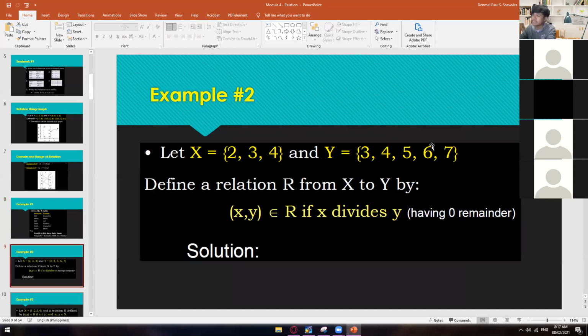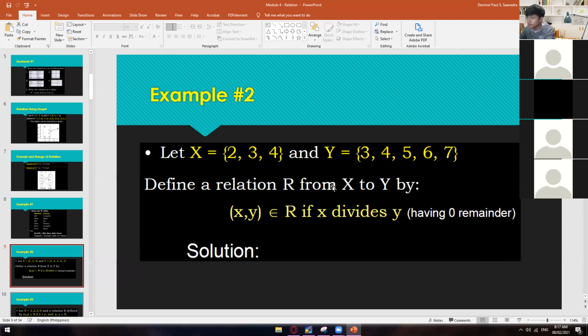So we have set x and then set y. Set x contains the elements 2, 3, 4, and then set y contains the elements 3, 4, 5, 6, 7. So we have here a question, and then its condition. Okay, so define a relation R from x to y. So this is one very important keyword that you need to check every time.